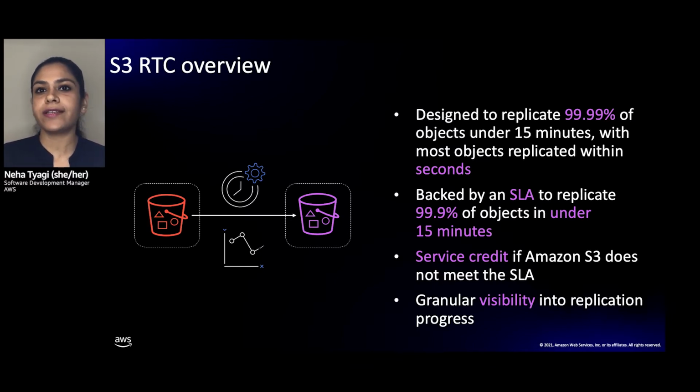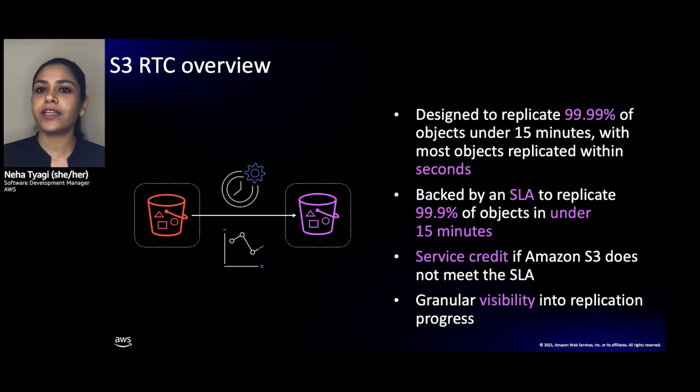Typically, S3 RTC replicates most objects that you upload to Amazon S3 in seconds, and 99.99% of those objects within 15 minutes. S3 RTC is backed by an SLA that states customers will be eligible to get a service credit in the event that Amazon S3 does not meet the feature commitment of replicating 99.99% of objects within 15 minutes.